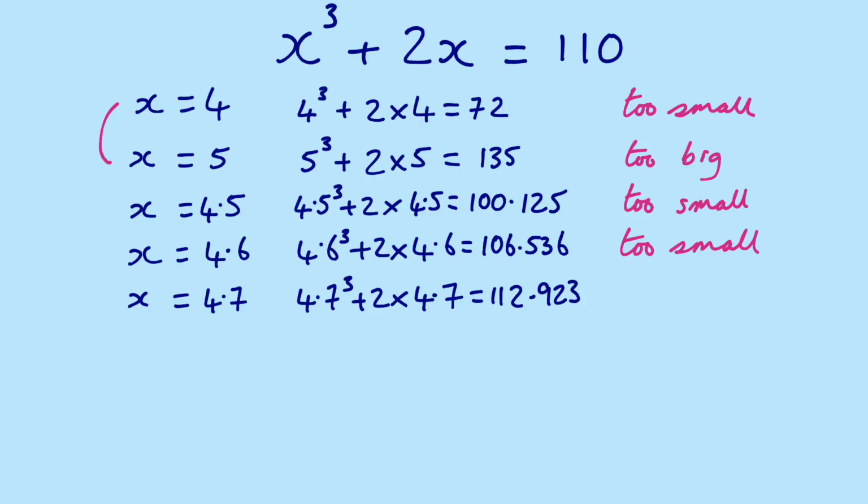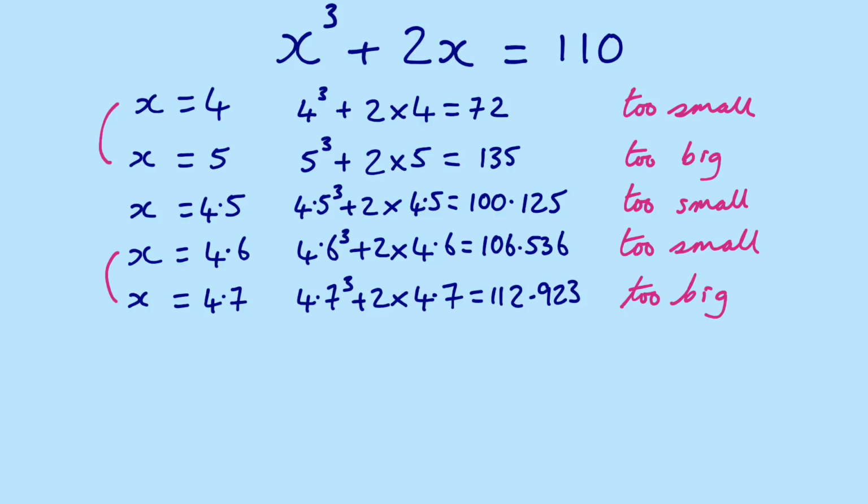Now it's too big. So as we can see, the exact value to x cubed plus 2x equals 110, the x value will be somewhere between 4.6 and 4.7. But I'm giving my answer at one decimal place, so it's either going to be 4.6 or 4.7. Now, to find out which one it is, can you remember what to do?